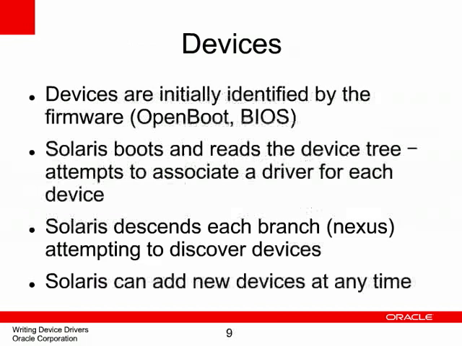So a little bit about devices. Let me talk for a second about what happens when you power on your system. The CPU gets initialized, and then the system attempts to run the firmware. Some power on self-test usually, and then a boot environment. In the SPARC world, that's OpenBoot. On x86 systems, that's the BIOS.